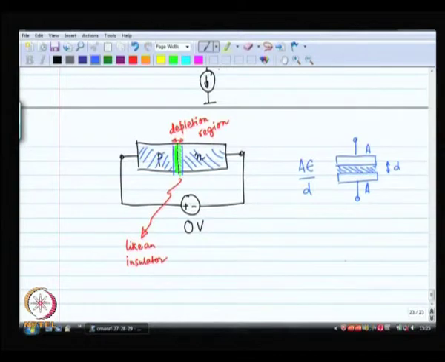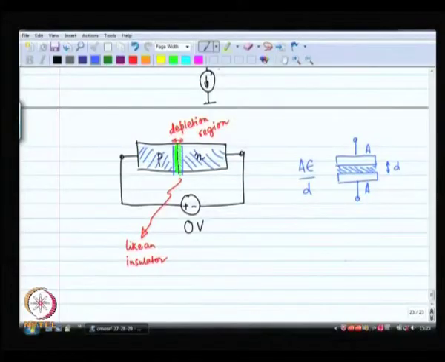All right. So, the capacitance is a function of the distance between the two plates. Now, when I reverse bias this, let us say I make this minus 1 volt, so the N side is 1 volt above the P side.